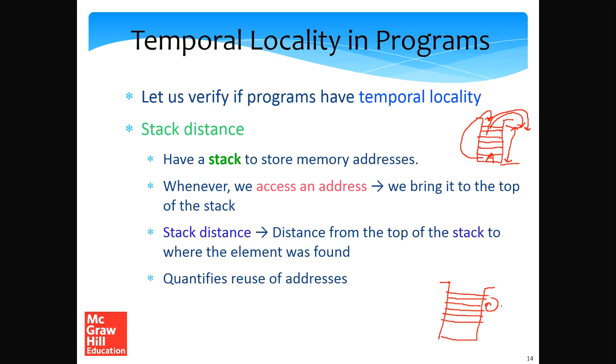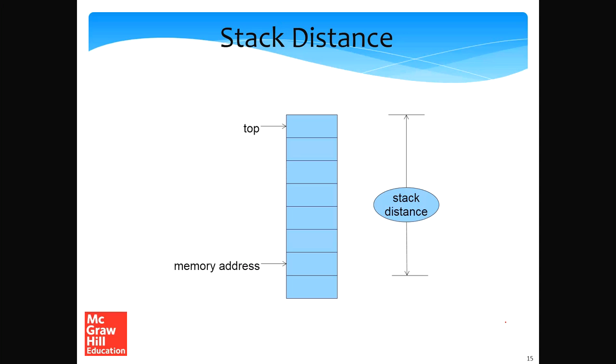If it's high, it means that addresses are being used in a very random way. Once again, the stack distance is the distance from the top of the stack to the position at which the given memory address was found. And when you find it, you move it to the top of the stack.